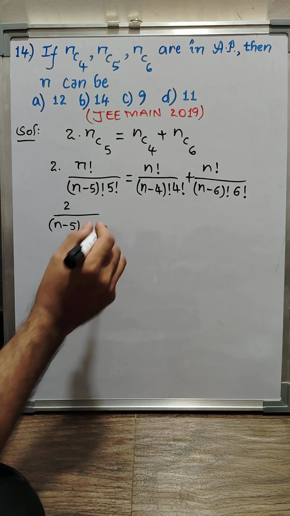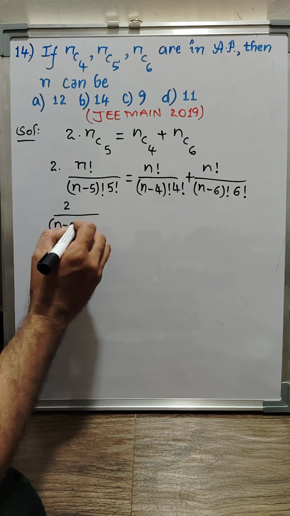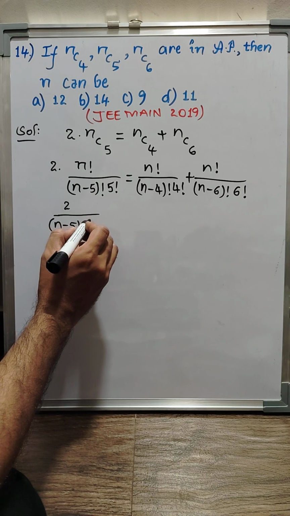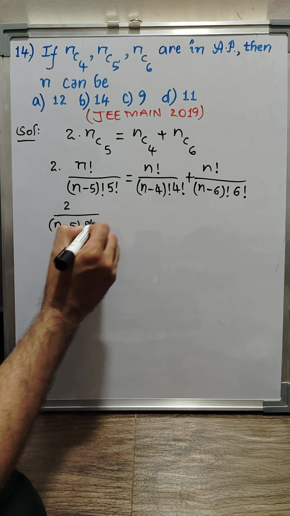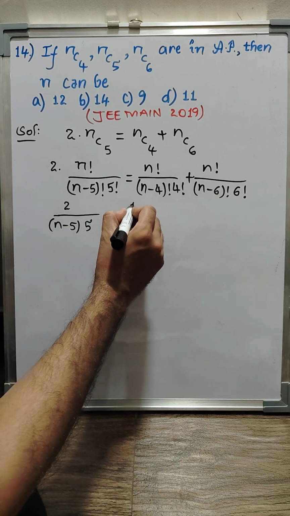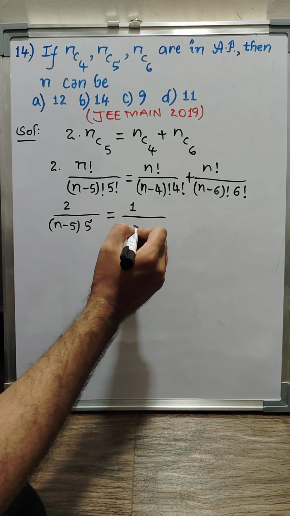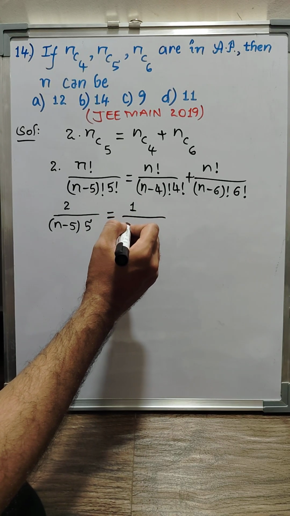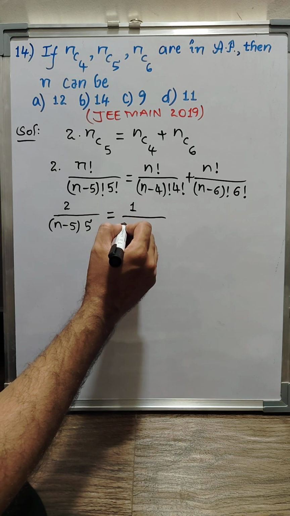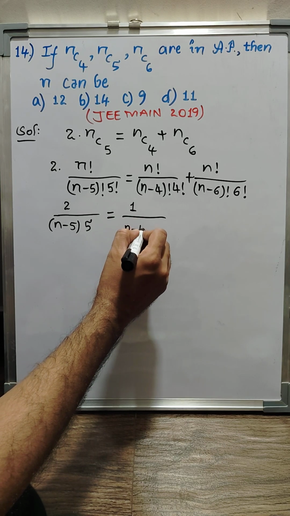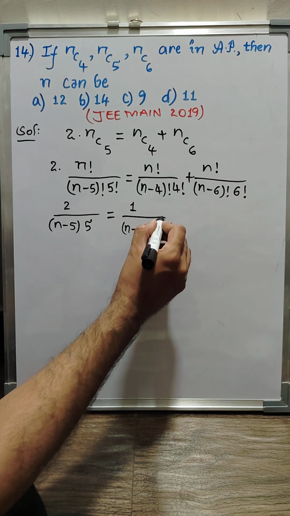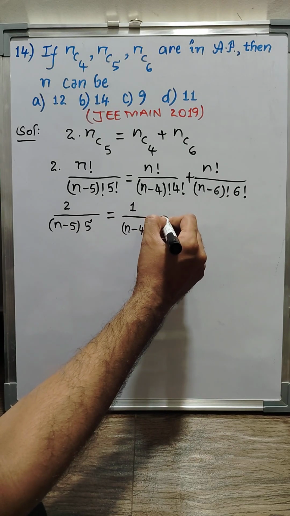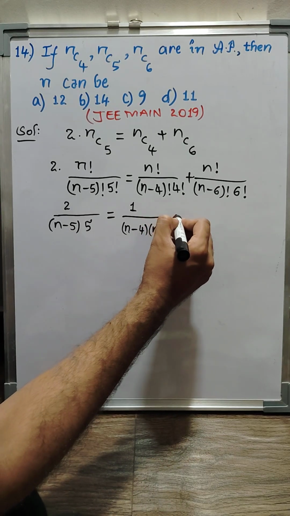So we can take (n minus 5) into, among this, 4 factorial common. So 5 we can take. This is equal to 1 by (n minus 4) factorial; (n minus 4) factorial means we can write (n minus 4) into (n minus 5) into (n minus 6) factorial, which is common here, and here 4 factorial gone.